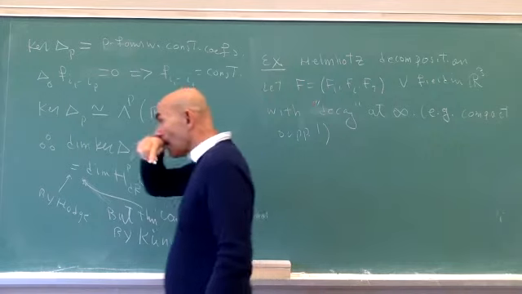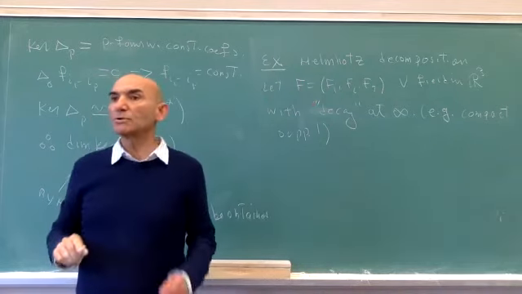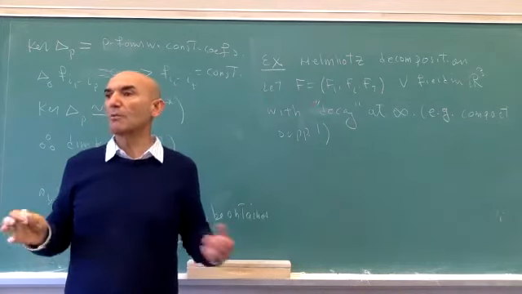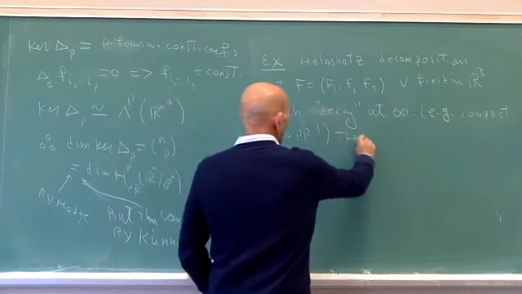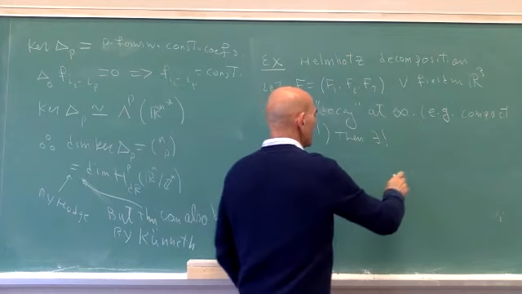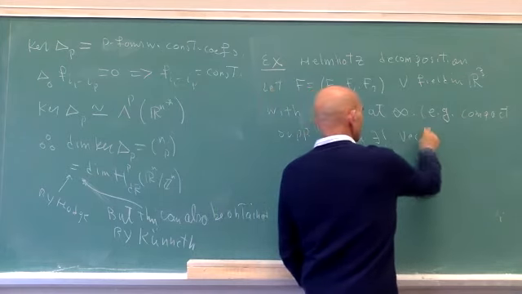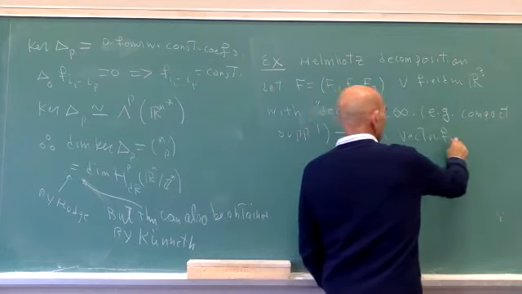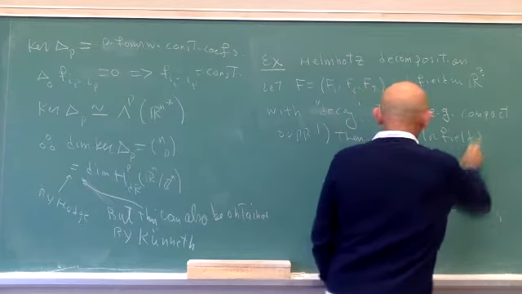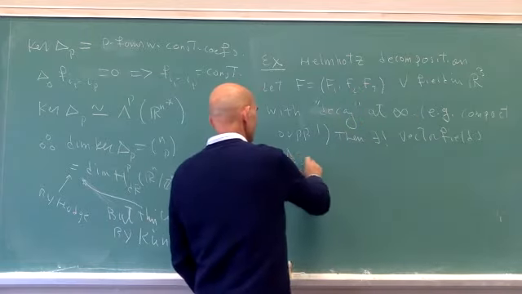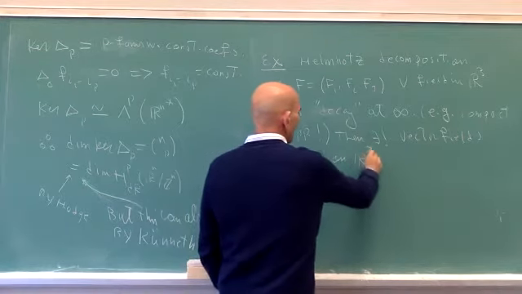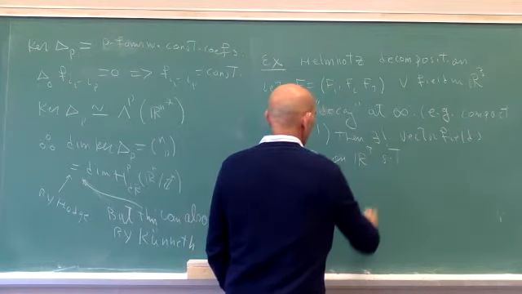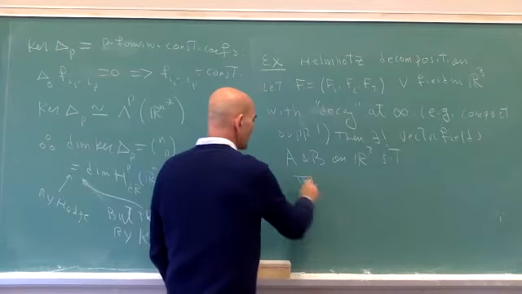Okay, so then the result says that you can write F uniquely as a sum of two vector fields. Then there exist unique vector fields A and B on R^3 such that, first of all, A is curl-free.